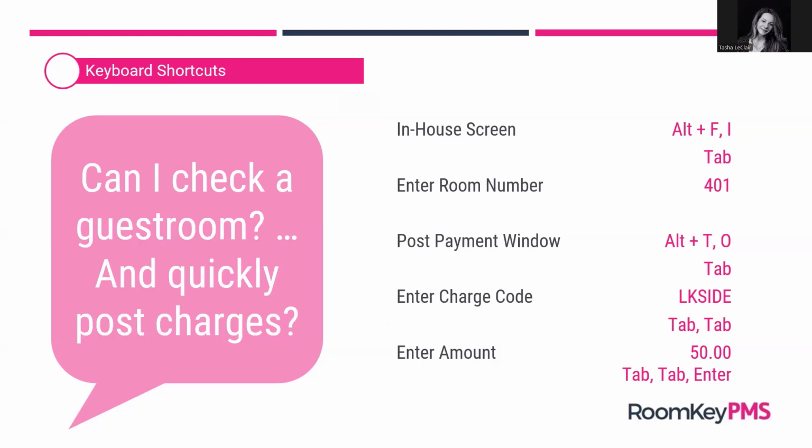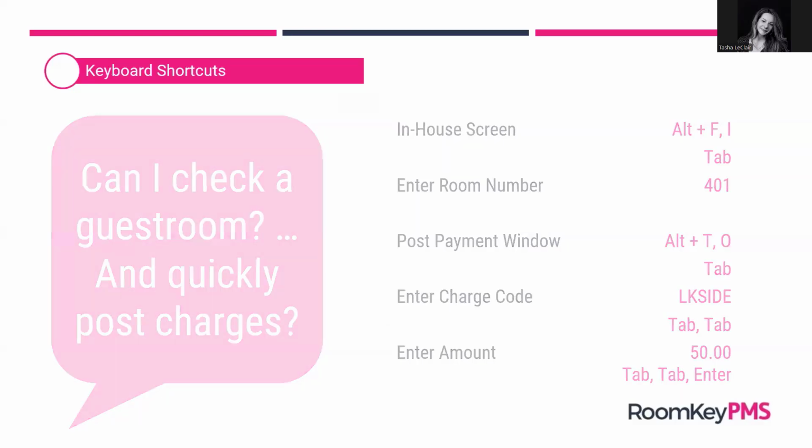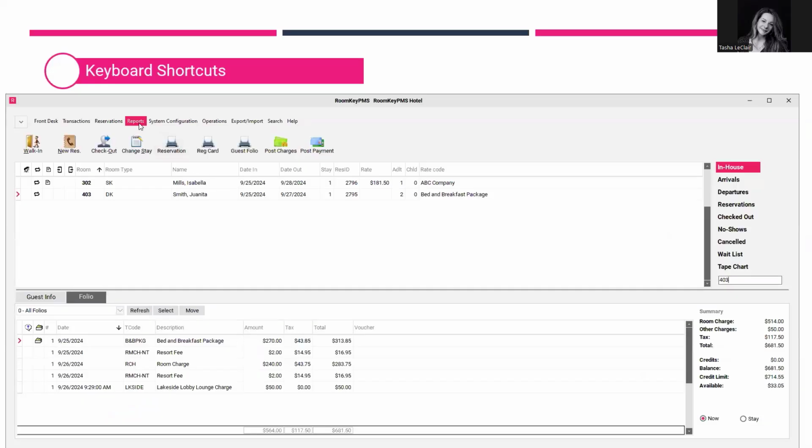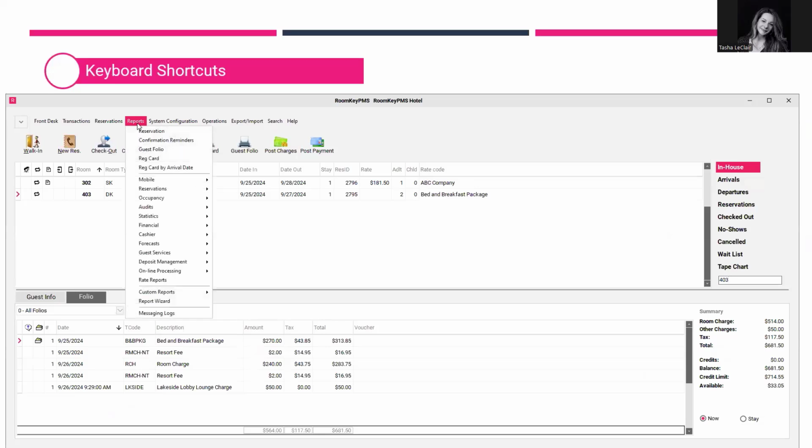I've got one more example we'll look at. Another common question that we do get is, what is the quickest way to access reporting in RoomKey? Now, if you're familiar with reporting in RoomKey, we've got lots of reports to choose from. They're mostly found here in the reporting menu.